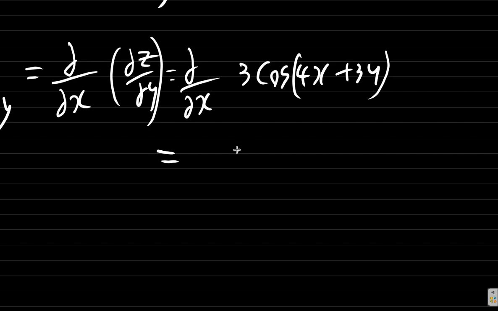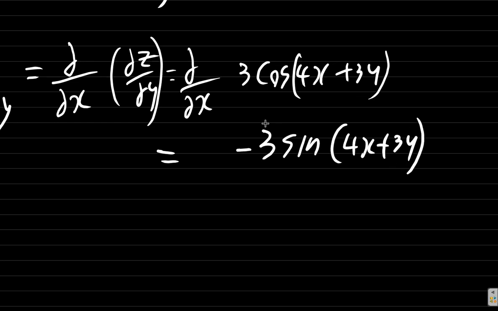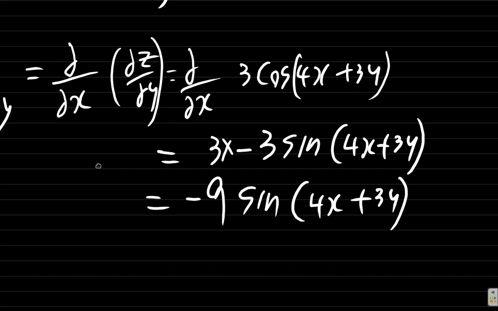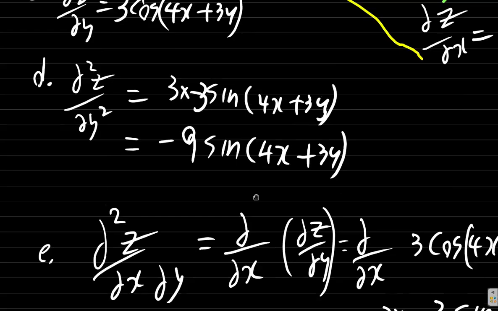So this is negative, well, the 3 is there, 3 sine of 4x plus 3y, and then multiply by the derivative of the inside function. Remember, differentiating with respect to y. So when you differentiate 4x plus 3y with respect to y, we get 3. So 3 times 3 is negative 9 sine 4x plus 3y. So that's what you got. Now, that was E.